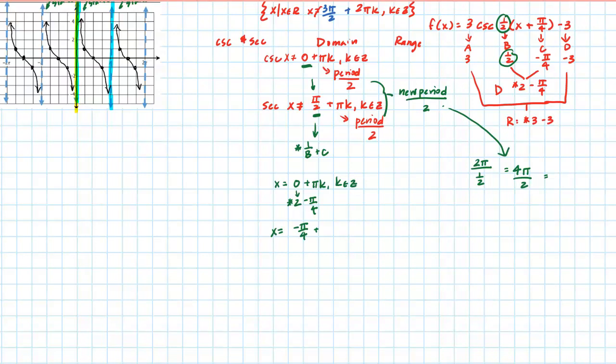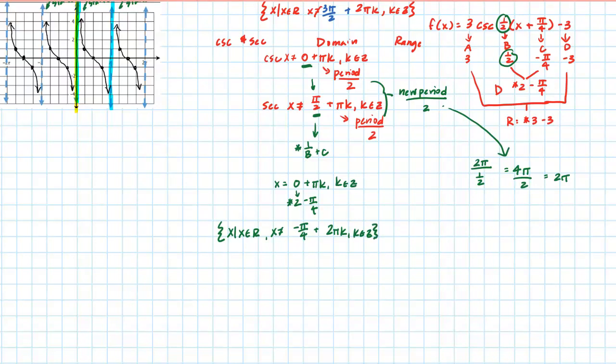For this, it's half the period, because that's where the asymptote is. So 2 pi plus 2 pi k, where k is an element of integers. So that becomes part of, and that can't equal that, for my domain.